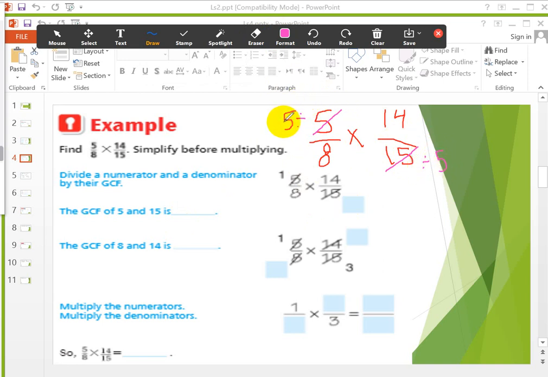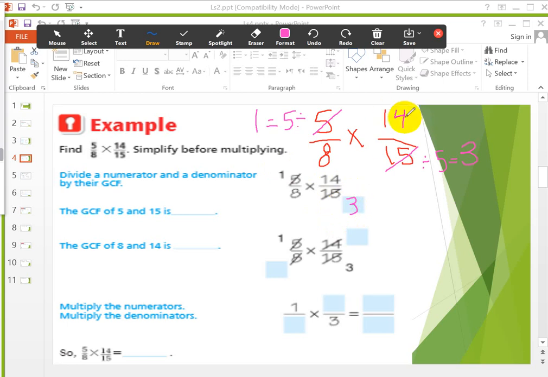This one will be 1, right? Divide this one on 5, it will be 1. And divide 15 on 5, it will be what? It will be 3. And this is what I made in the first step. So I divide both 5 and 15 on 5. So this 5 will be 1, and this 15 will be 3.